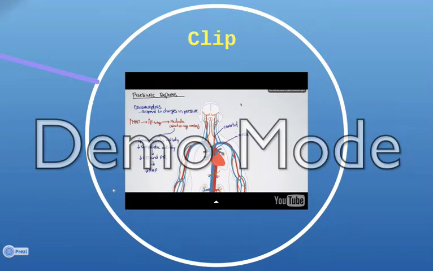And just to revisit that, MAP is equal to CO times PR. Mean arterial pressure is equal to cardiac output times peripheral resistance. And since we're decreasing both cardiac output and peripheral resistance, we are also going to decrease mean arterial pressure.